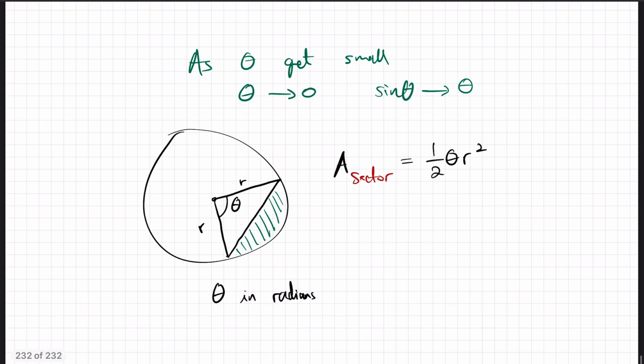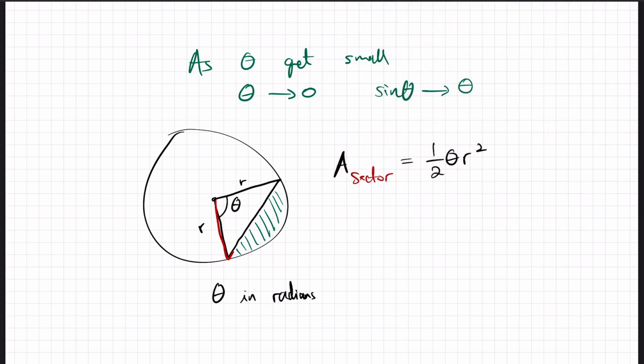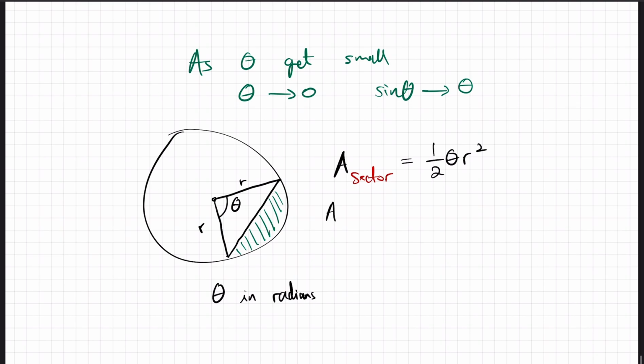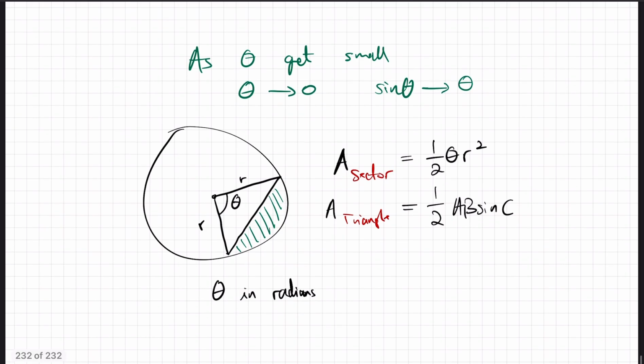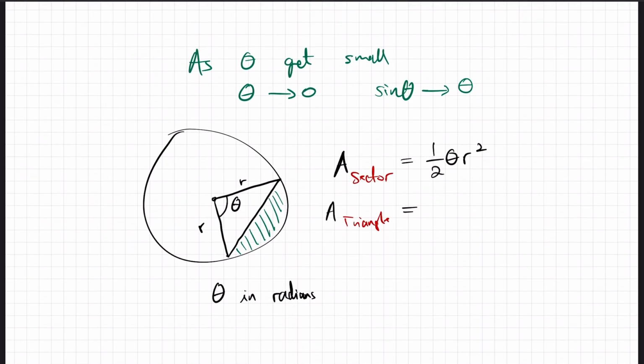Now let's work out the area of this triangle. Here we can just use the formula 1/2 ab sine C, so in this case the area of the triangle is just 1/2 r squared sine theta.